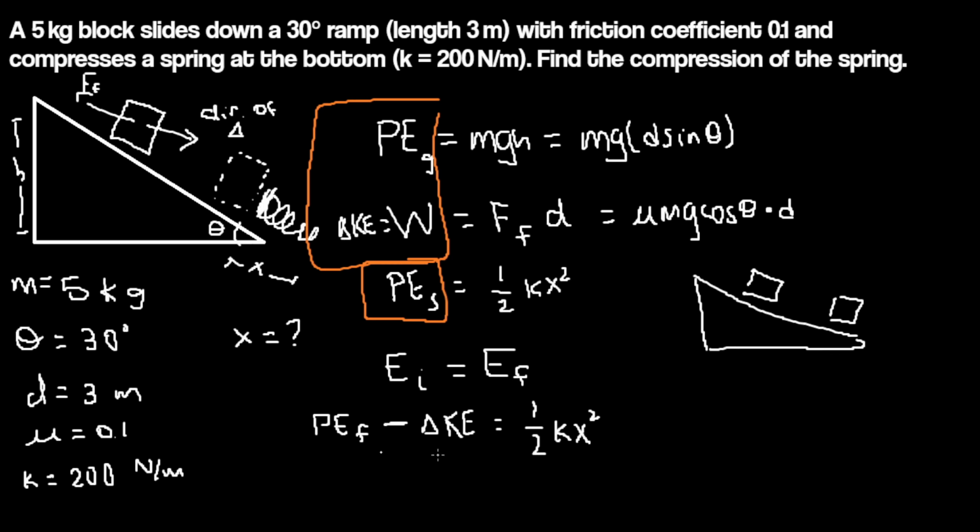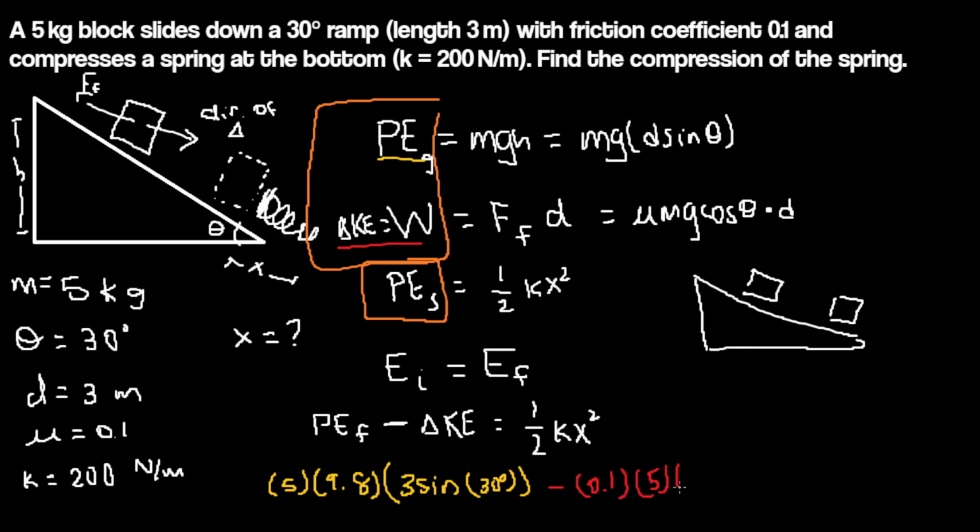Okay, so now we plug everything in and we solve. Our gravitational potential energy, which I'll put in yellow, would be 5 times 9.8 times distance, which is 3 sine 30 degrees. And then I'll put our work in red, minus mu 0.1, 5 times 9.8, cosine 30 degrees, times 3.